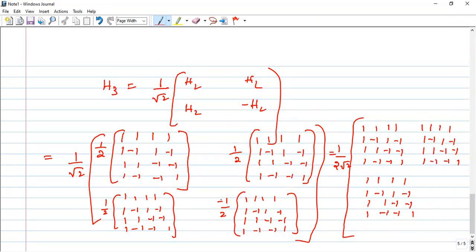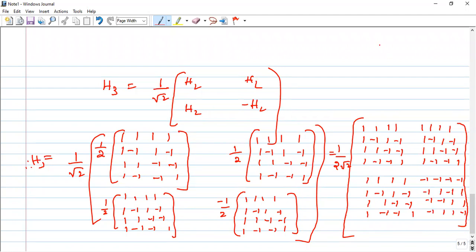Now we have to multiply by minus for the lower block, so the values are minus 1 minus 1 minus 1 minus 1, minus 1 plus 1, minus 1 plus 1, and so on. So this is the final answer of H3.